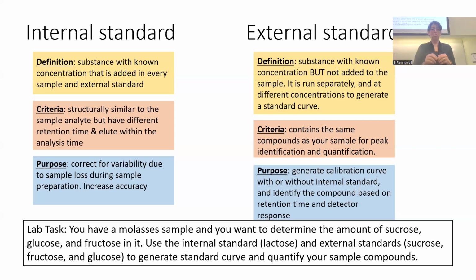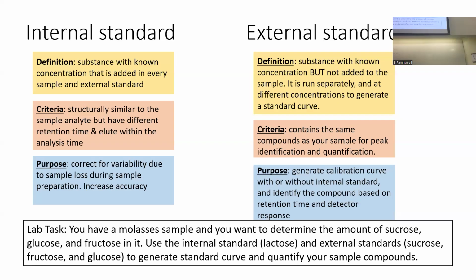But the internal standard should be very unique and not present in your sample, because you don't want it to coelute. For example, if you are measuring fatty acids and the standard is a C18, you already have C18. You have multiple C18: the saturated, monounsaturated, diunsaturated, and so on. So you don't want C18.